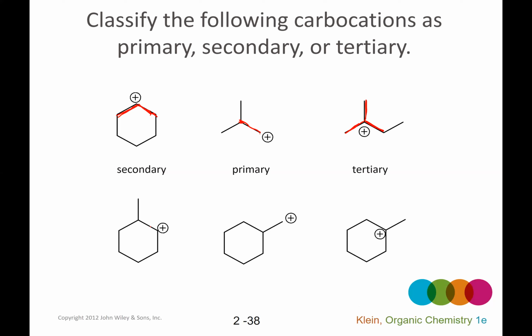Here, what's that? 1 carbon group attached, 2, so that's secondary. This one, positive carbon here, 1 carbon attached, primary. This one, 1 carbon attached, 2 carbons attached, 3 carbons attached, so that's tertiary. So you should be able to identify a carbocation as primary, secondary, or tertiary, okay?